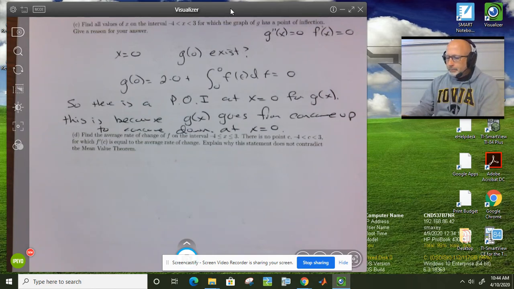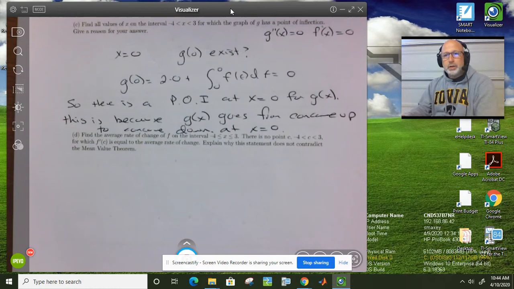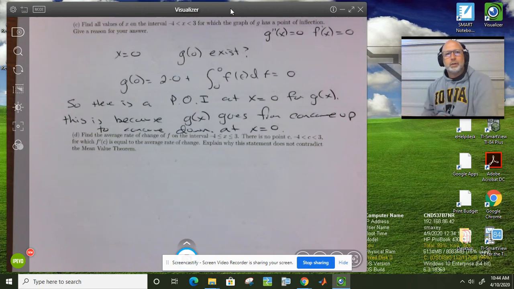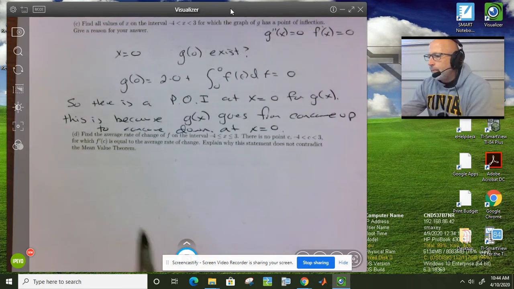So what I usually do is I talk about, well, how do you find the average rate of change? Well, average rate of change is you add up the rate of change and you divide by how long it took you to do that. So what does that mean? We're going to add up the rate of change.